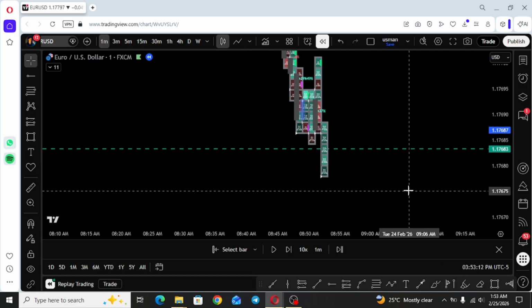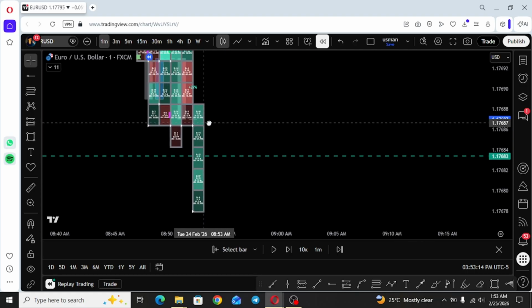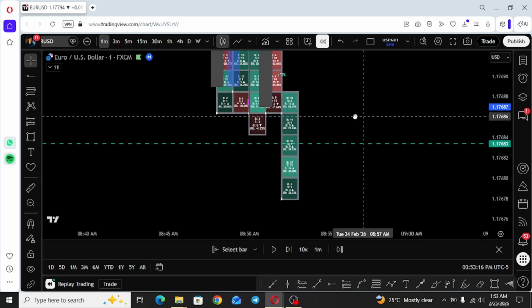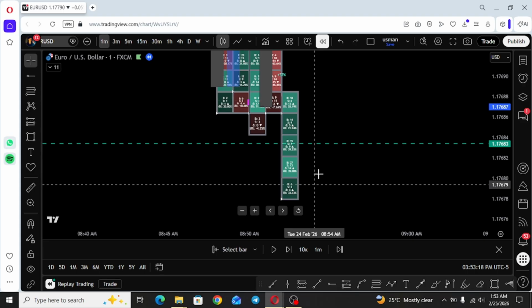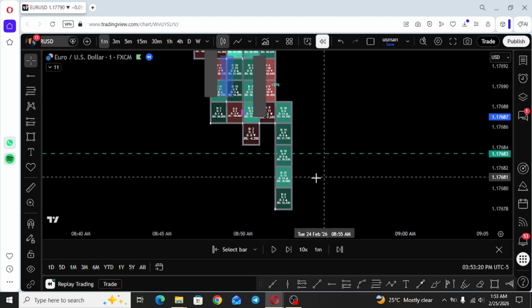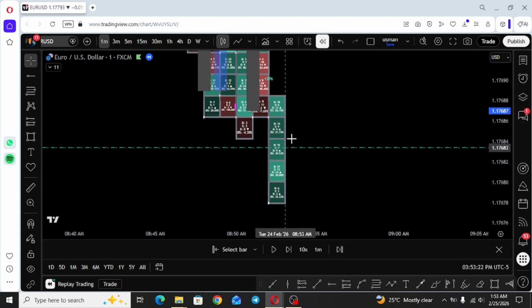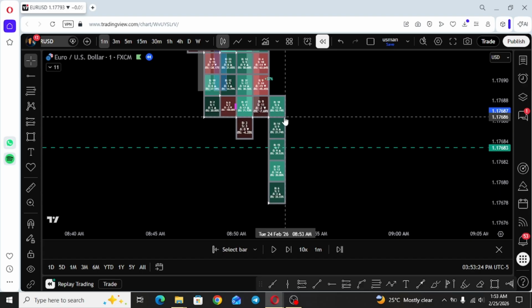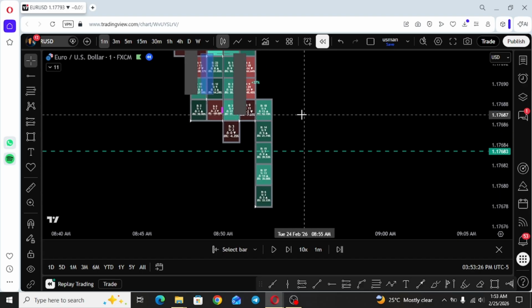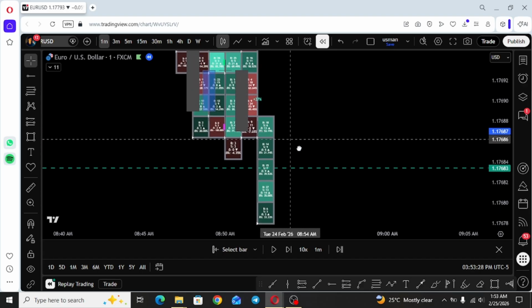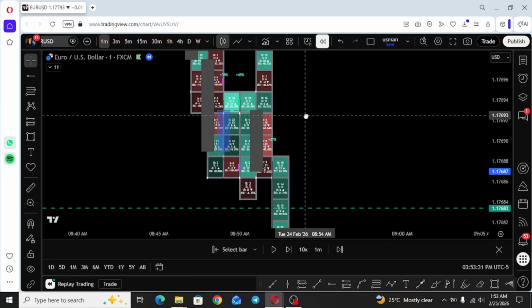As I turn the footprint on, you see the candle which has swept the low of the Asian range has so much buying aggression and also buying imbalance. There is no such selling imbalance in it.